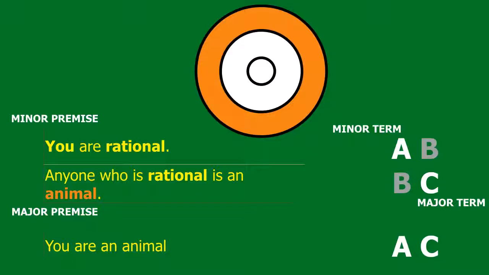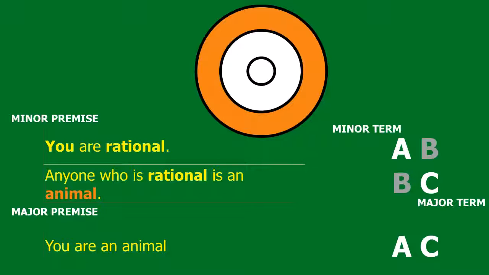There are many other kinds of animal that are not rational. And so we see that the scope of the minor term is small, the scope of the middle term is larger, and the scope of the major term is largest.